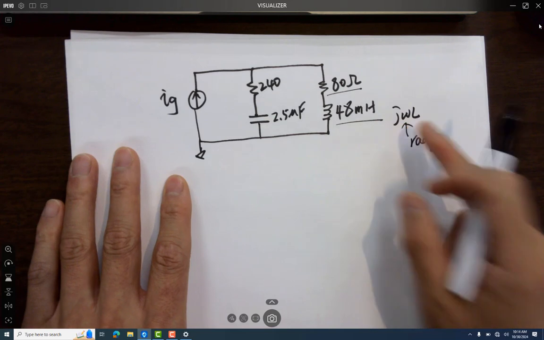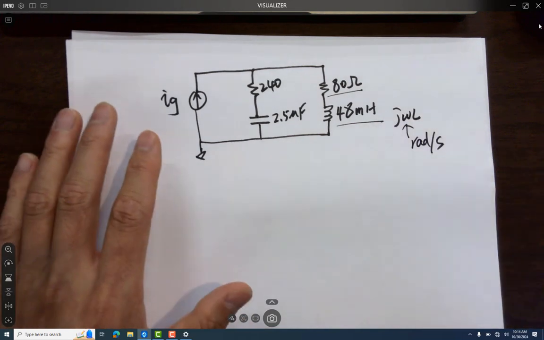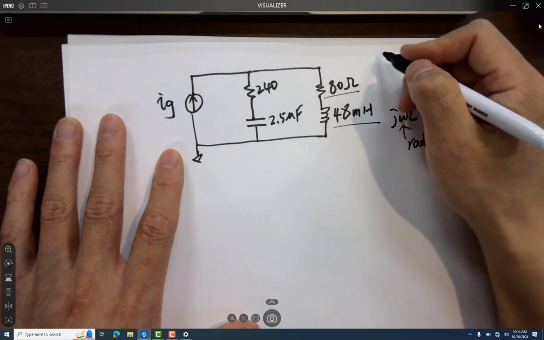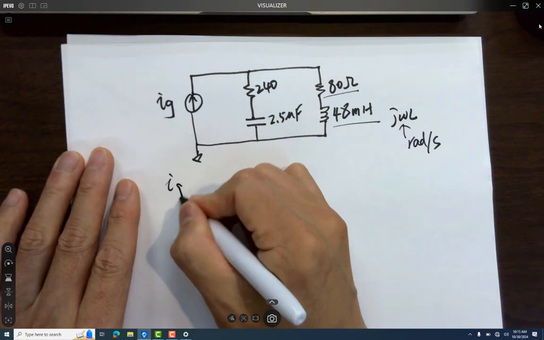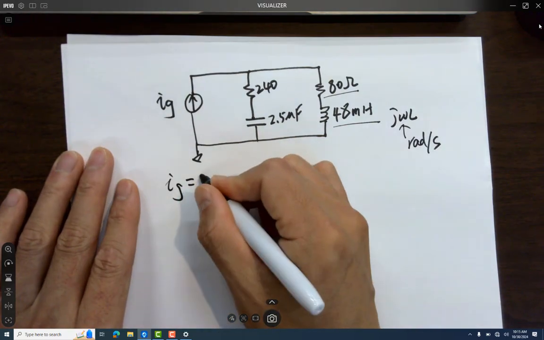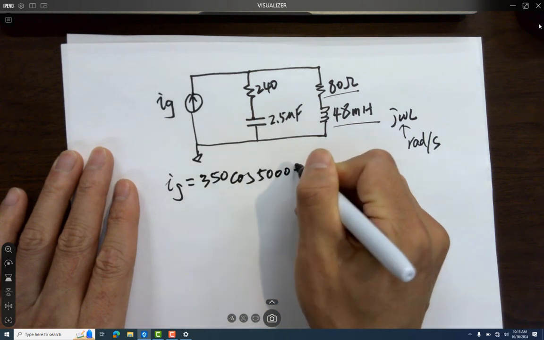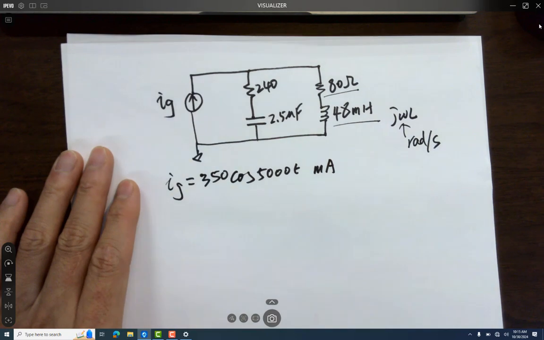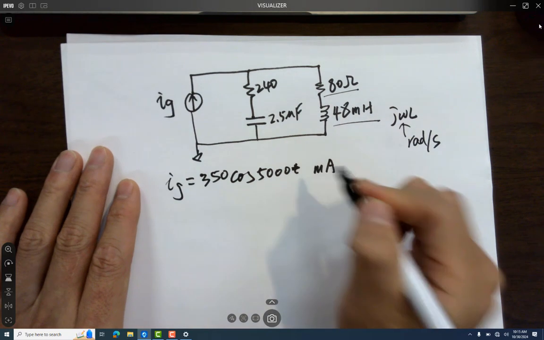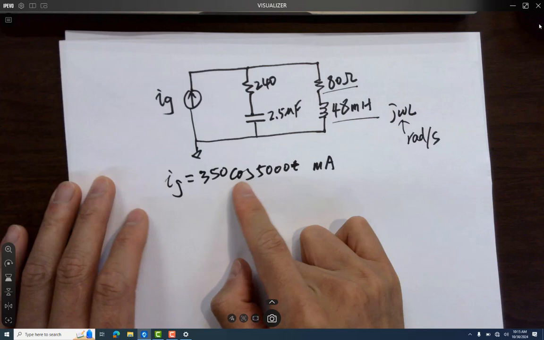j omega L. So what is omega? Where do you find omega? It's in the time domain. It already tells you Ig is a sine wave, 350 cosine 5000t milliamps. Never argue about that. Use that as a sine wave, but it's a cosine. It doesn't matter.